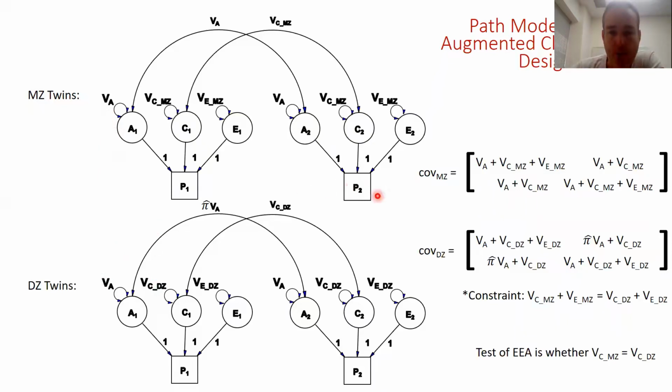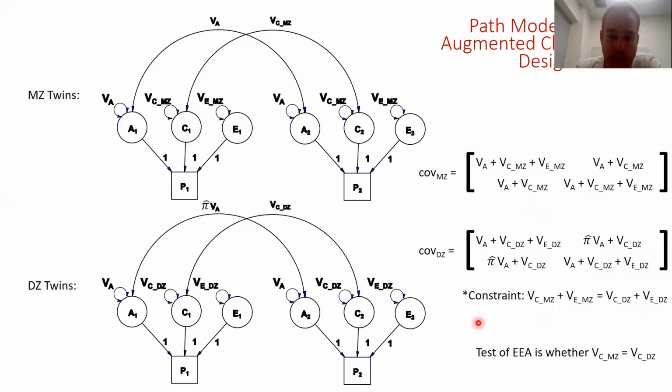If you follow your path tracing rules, you will get the expected phenotypic covariance matrix on the right here. I should say that there's also a constraint in this model, and that is that the sum of the common and unique environmental variance components for MZ twins is the same as the sum of the common and unique environmental variance for DZ twins.